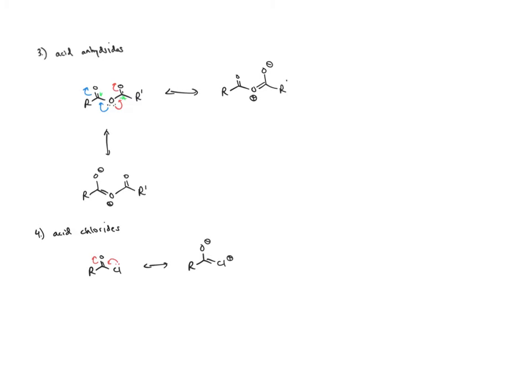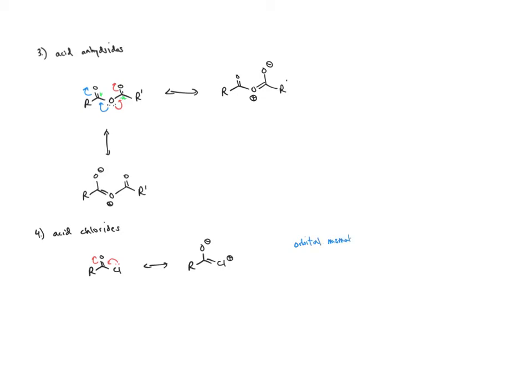And this is of course not good because you've got positive charge on a halogen, on an electronegative atom. But this resonance doesn't form in the first place. And the reason it doesn't form in the first place is because of orbital mismatch. So what do I mean by orbital mismatch?